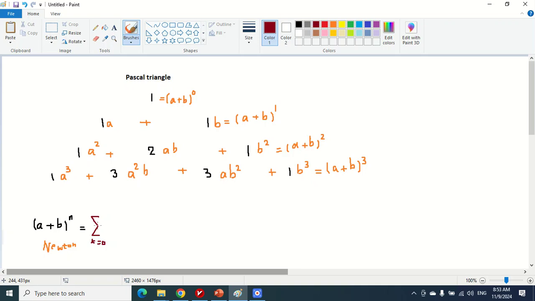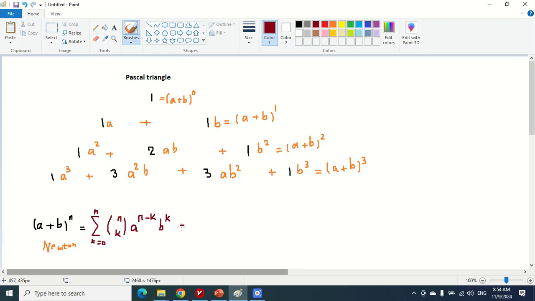I have this expansion over here, and it will be a combination of k out of n, which means that these numbers that we have in a Pascal triangle are k out of n, the combination of k out of n, a to the power of k, that is increased, or we can write it by n minus k to have the similar formula that we have at the top, b to the power of k. So in this way we can determine a plus b to the power of n, the binomial formula for that case.